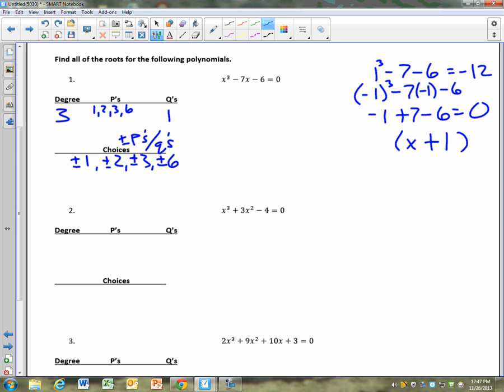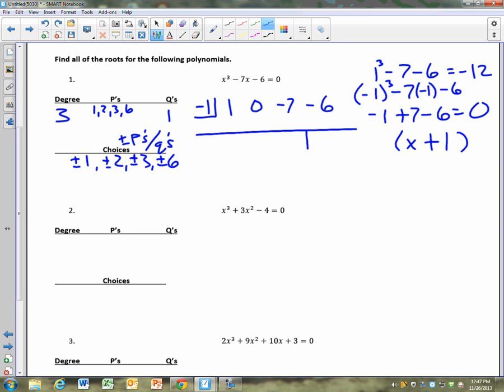So what we're going to do is take this polynomial and divide it by x plus 1 to see what the result is. And that will help us factor it. I will divide it using synthetic division. What number do I plug in up here? -1. What are my coefficients? I've got 1, 0, -7, -6.